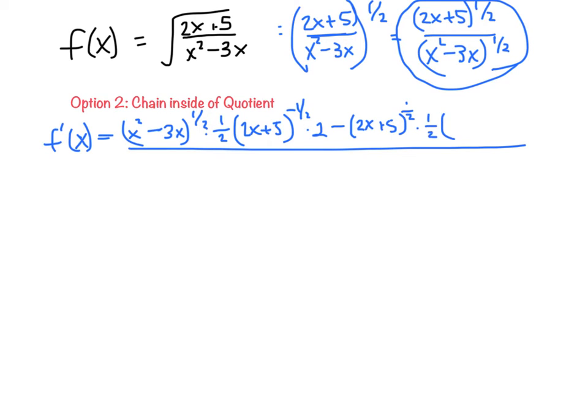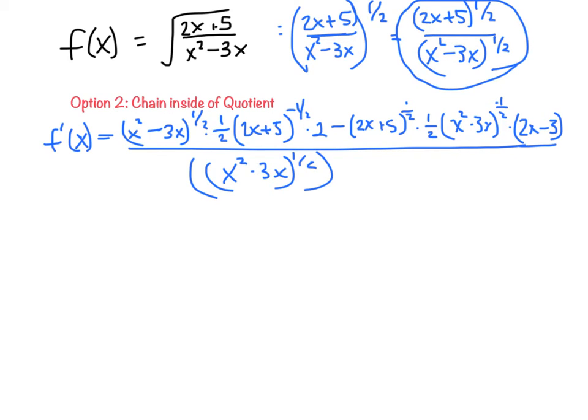Bring the 1/2 down, keep the inside, x squared minus 3x, drop the exponent, so negative 1/2, times the derivative of the inside, which would be 2x minus 3, and I'm going to put that in parentheses. All over low, which is my x squared minus 3x to the 1/2, squared. And you'll notice what happens when you raise something to the 1/2 and then to the squared: you multiply these exponents, and 2 times 1/2 is just 1, so they're gone.